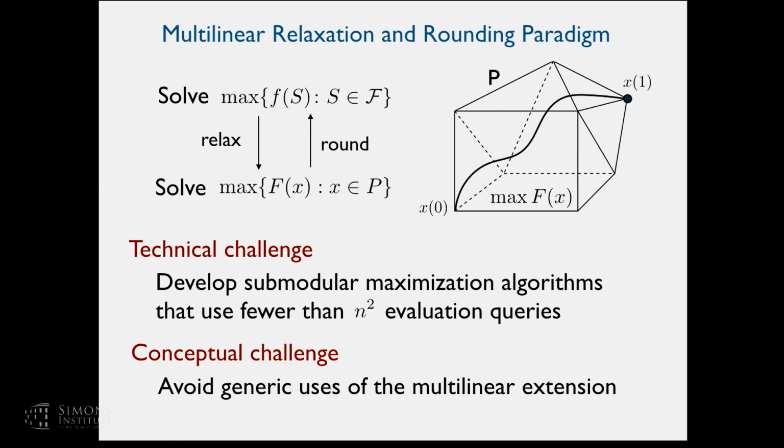But it comes with this technical challenge that when we relax the problem and we go to the continuous setting, what we want to do is to optimize the multilinear extension. And as we saw, Ashwin and Jan pushed this approach to the limit for the knapsack problem, in the sense that they achieved a nearly linear number of evaluations.